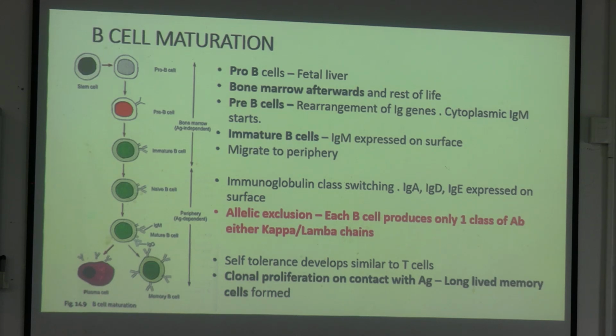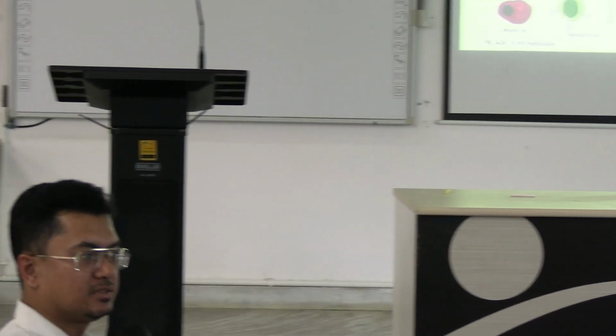Now this plasma cell will start to secrete the antibodies. So this is how a B cell develops and secretes antibodies via the plasma cell. One portion will become plasma cells and secrete antibodies, and another portion will be developing into memory cells. What will memory cells do? What is the function of memory cells?